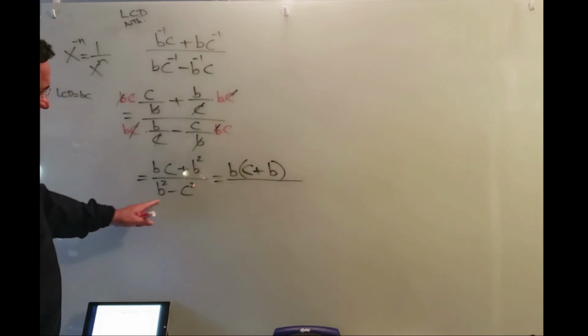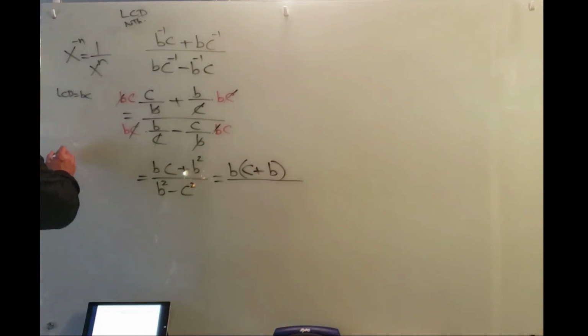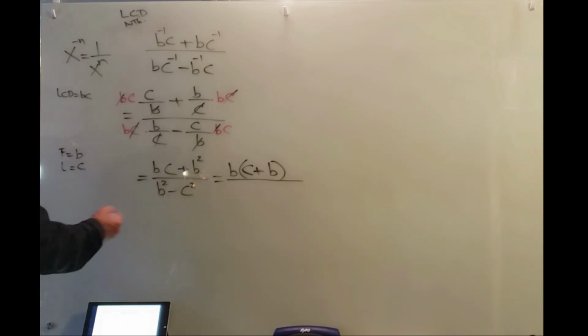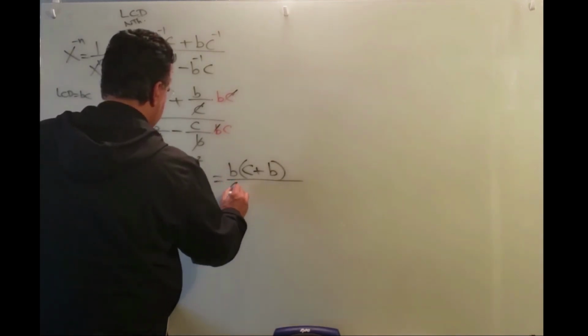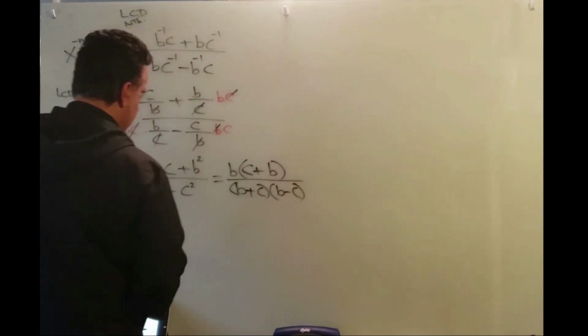So go ahead and factor this one. As you know, that's a difference of squares with F being B and with L being C. So that's just going to be B plus C times B minus C.